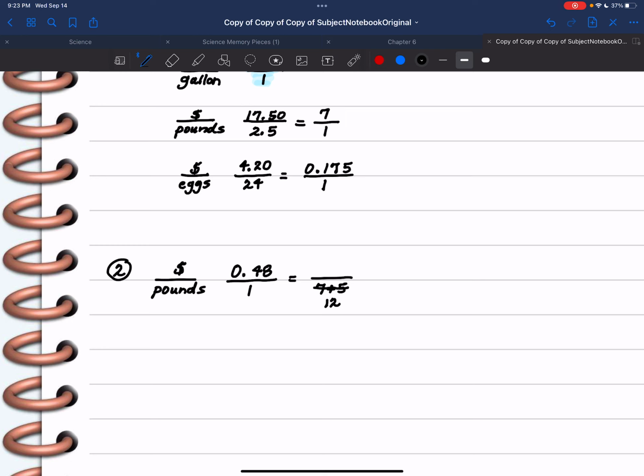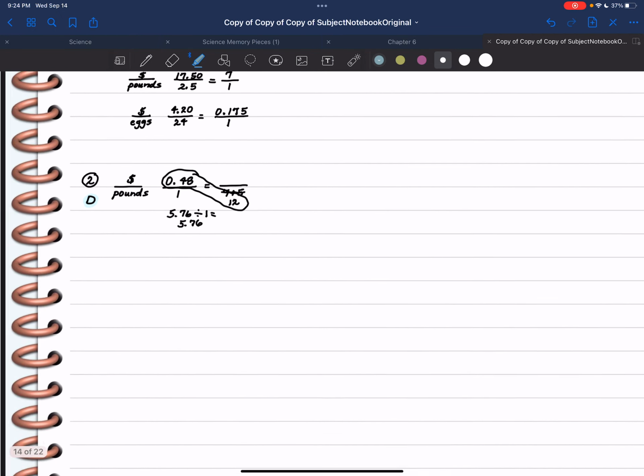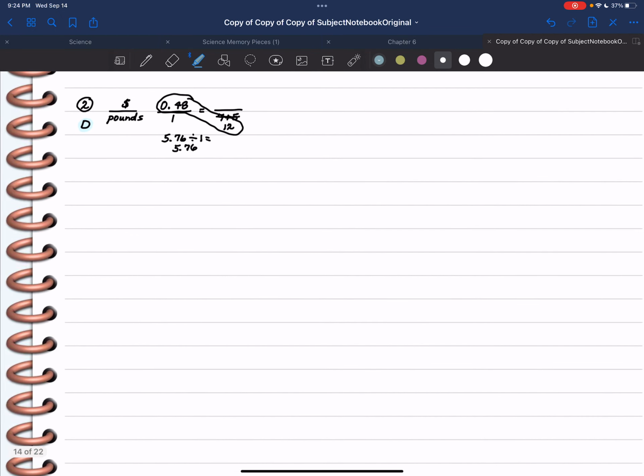How much will you spend on screws for both projects? So I have 48 cents times 12. 0.48 times 12 is 576. Divide that by 1 and nothing changes. So $5.76. I like answer D for this one. And trust me, I will be checking these. After that problem about those ducks, I will be checking.